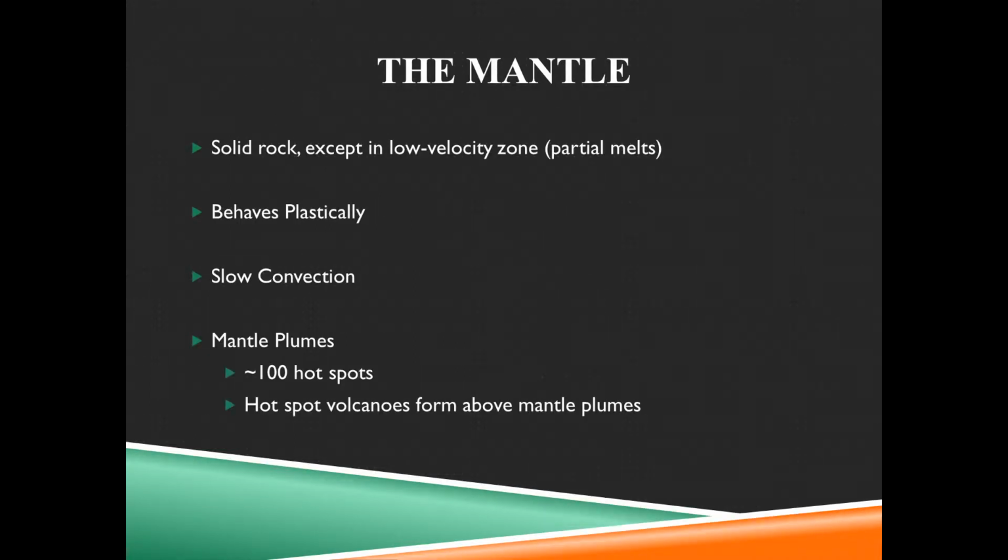The mantle is solid, except, this is the exception because geology is full of exceptions or partial exceptions. In that low velocity zone, largely under the ocean crust, but sometimes showing up under continental crust, is a zone of partial melting.